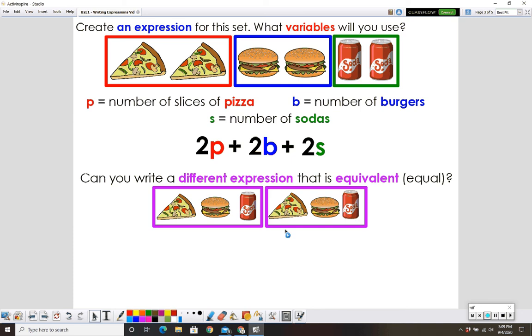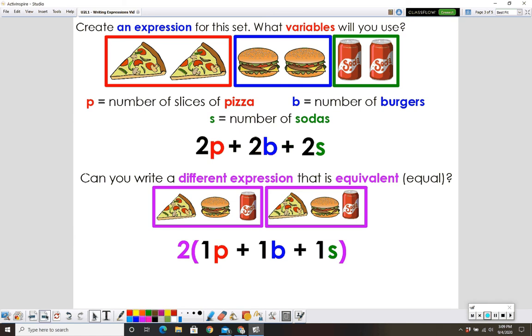So since I have 2 groups here, that 2 is going to go outside my parentheses. Inside my parentheses, I'm going to represent what I have in terms of food inside each group. So I have 1 pizza and 1 burger and 1 soda. This 2 means I have 2 groups that look exactly the same.